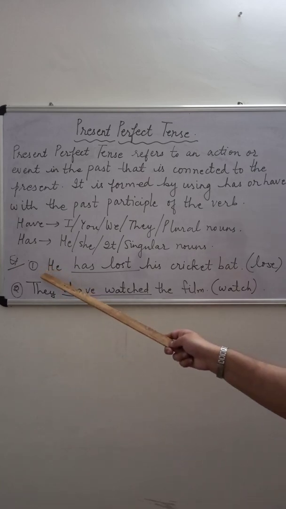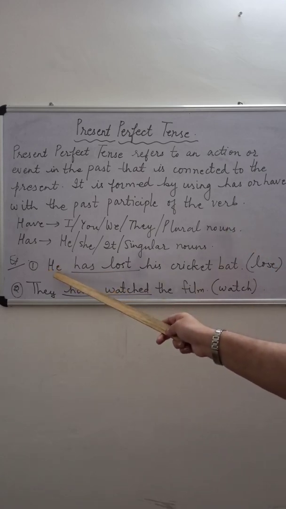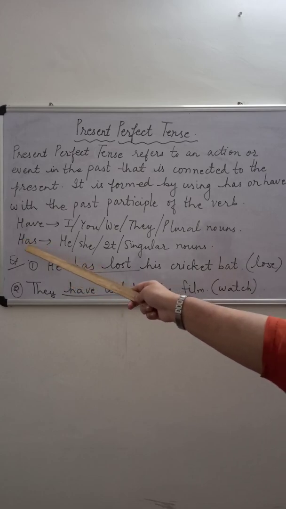See example number 1. He dash his cricket bat, and in the bracket it is written lose. We have to write the present perfect tense form of the verb lose. So I told you, if we want to write a verb in present perfect tense, first we will write has or have. So here let us check the pronoun. The pronoun is he. So with he I told you we use has.